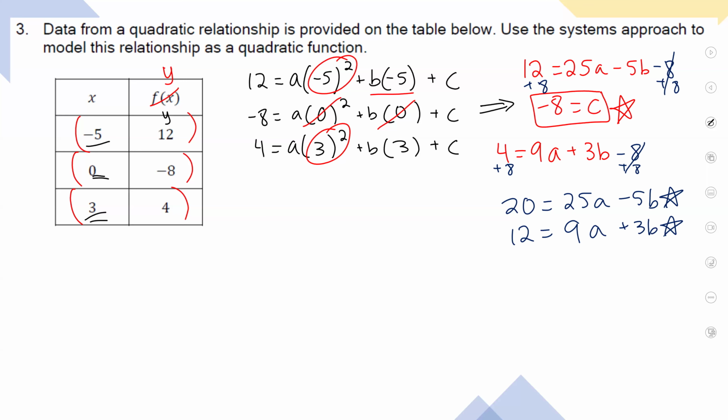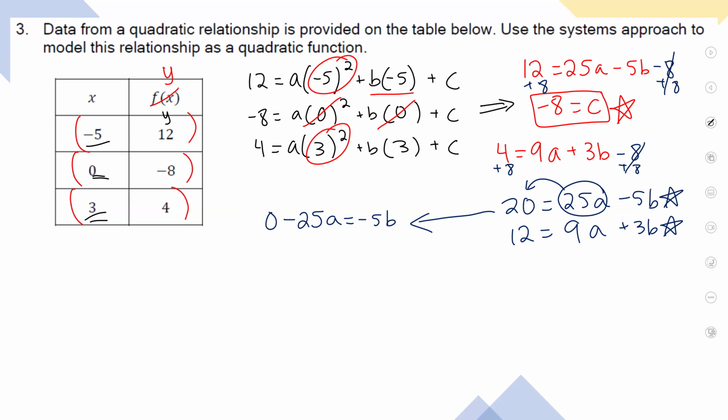Okay, so I'm going to go ahead and use substitution. I'm just going to use this top one. Let's move this 25 over to this side. So this will be 20 minus 25a equals negative 5b, because I moved the 25 over.